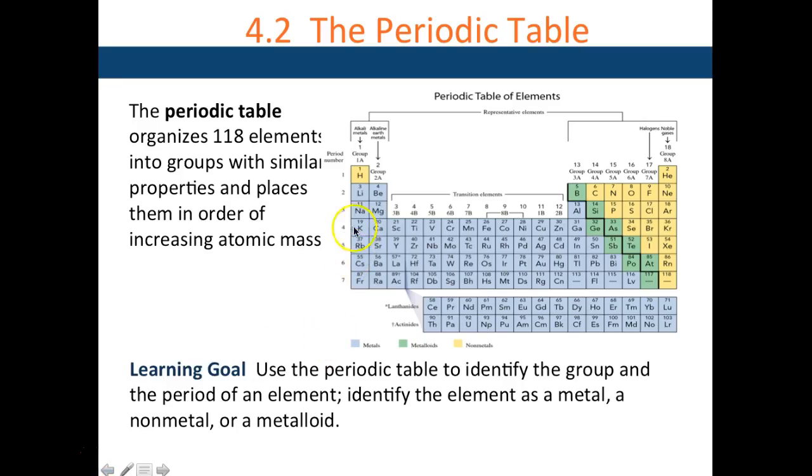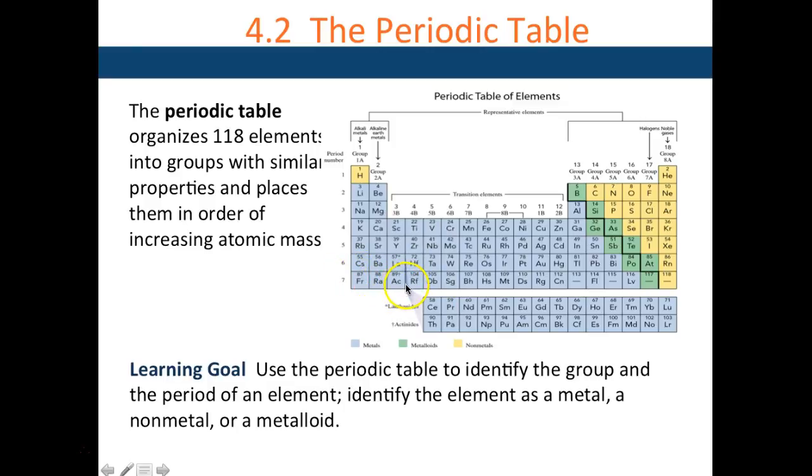So you basically have 2 elements in the first period, and then you have 8, and again 8, and then when you come here you have 18 because you're adding on these 10 transition elements, and then again you have 18 here because of the transition elements. Now over here, because of the 14 lanthanides, it becomes 32.